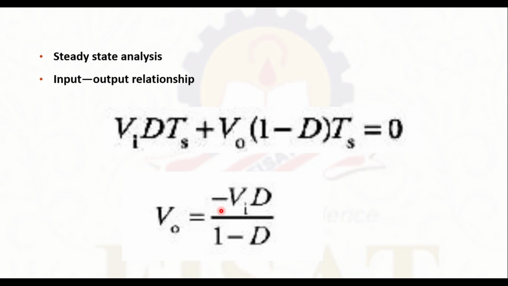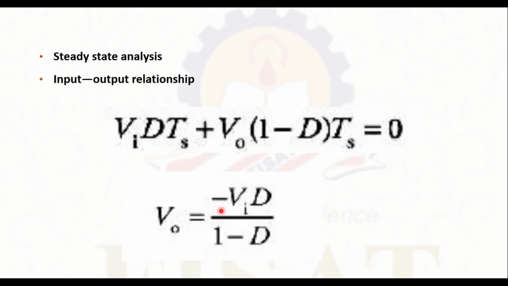And now consider the duty cycle between 0.5 and 1. So let D be equal to 0.6 and the input voltage 2 volt. So we have 2 into 0.6 divided by 1 minus 0.6, that is 1.2 divided by 0.4.